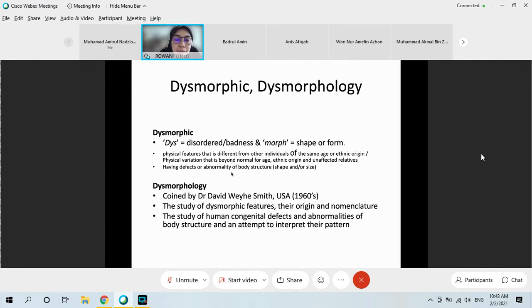It simply means the study of dysmorphic features, the study of the origin of these dysmorphic features and the nomenclature of these dysmorphic features. So all this encompasses the term dysmorphology. It can also mean the study of human congenital defects and abnormalities of the body structures and the interpretation of these abnormalities.